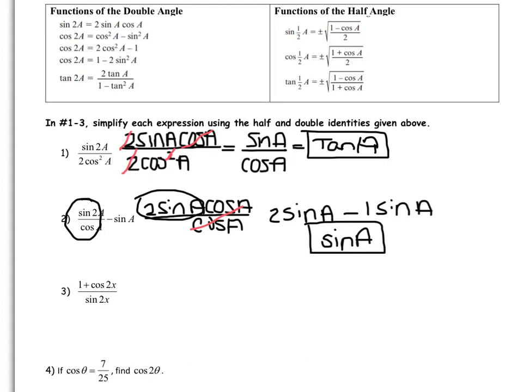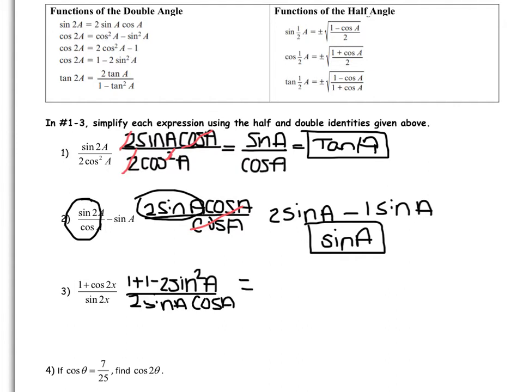So let's try it and see what happens. So we get 1 plus cos 2x, so 1 plus 1 minus 2 sine squared a, over sine 2x, which is 2 sine a cos a.